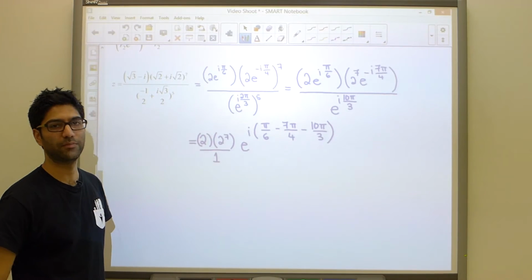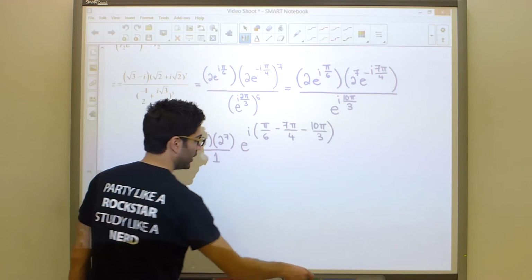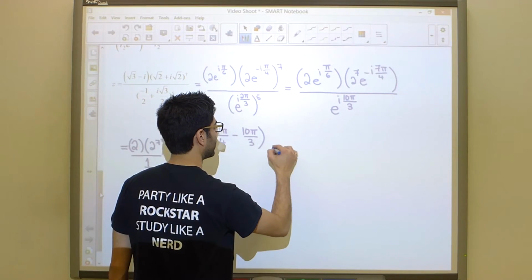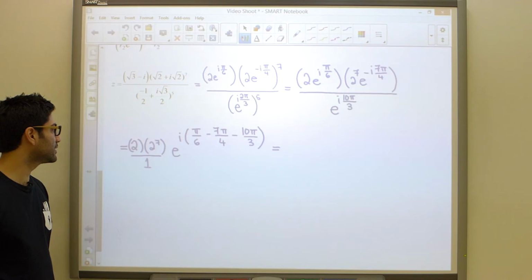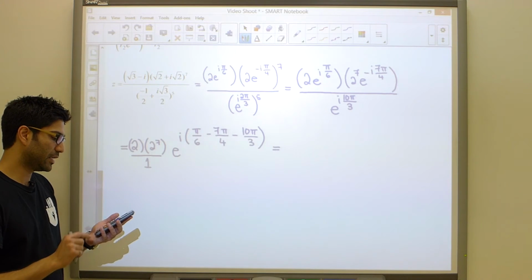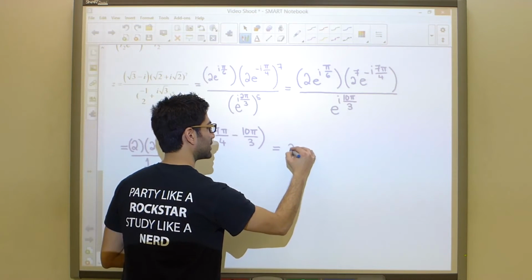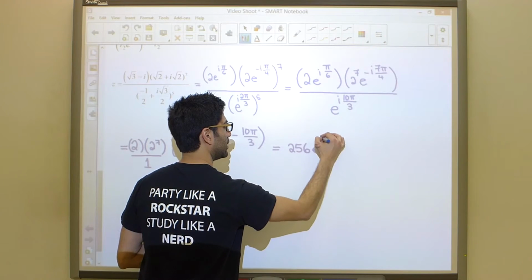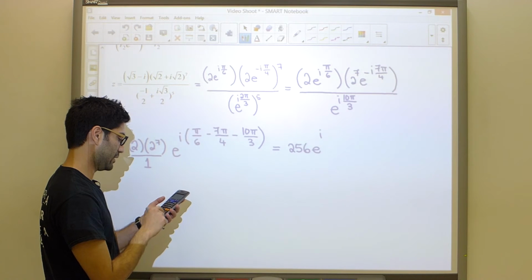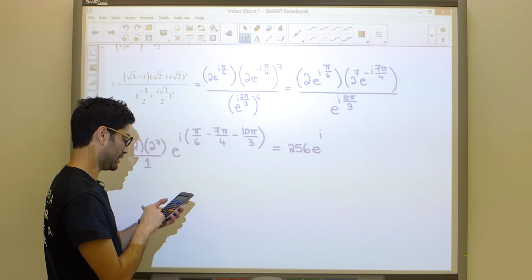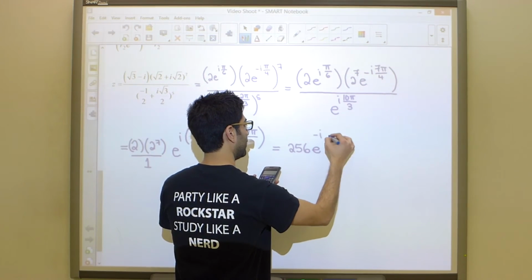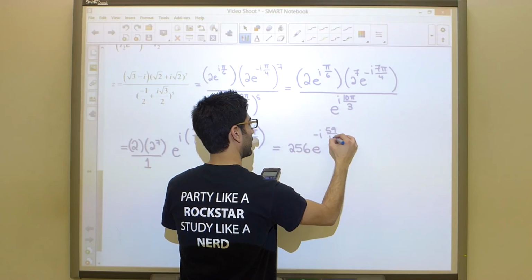All in one step. All we've got to do is put each piece in our calculator to get our final answer. If I work this out, 2 times 2 to the power of 7, essentially 2 to the power of 8, is 256. e to the i, and now I'm going to work all of these out: 1 over 6 minus 7 over 4 minus 10 over 3 gives us a grand total of negative 59 over 12.